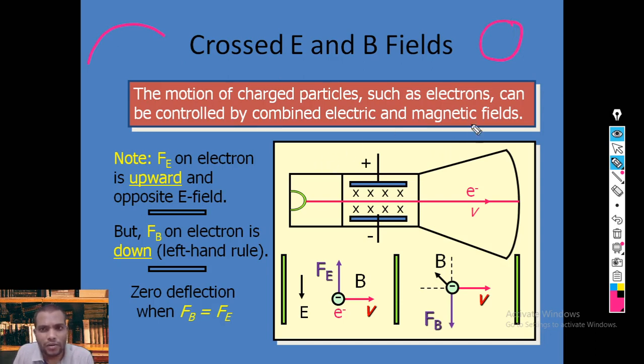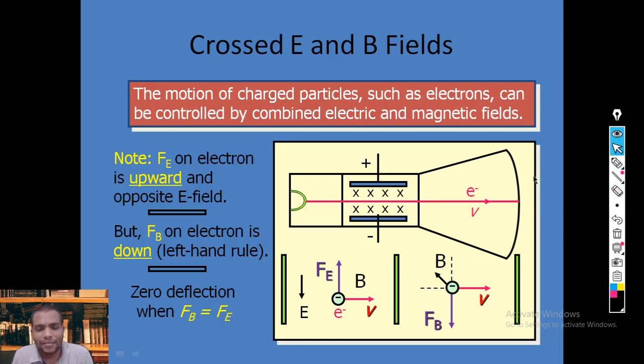If both fields act on the electron at the same time and the two forces are equal, meaning the forces are balanced, then the electron does not deflect, it takes a straight path. It means the effect of these two forces gets nullified.